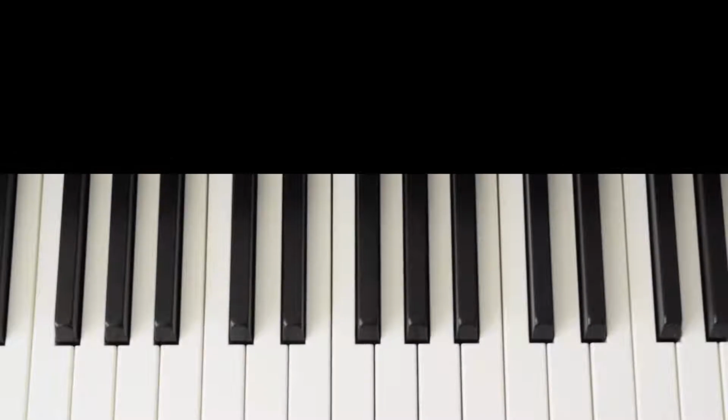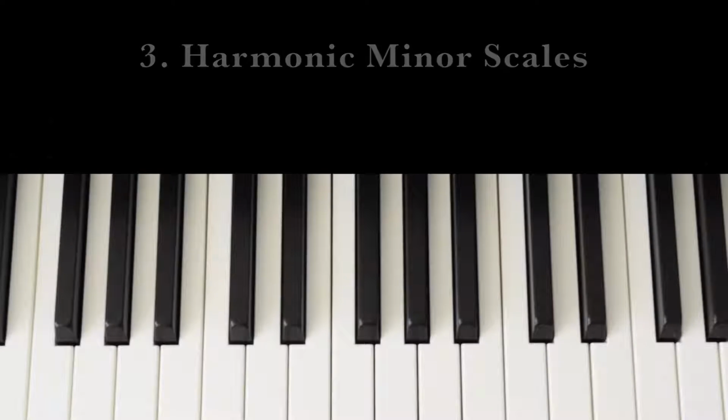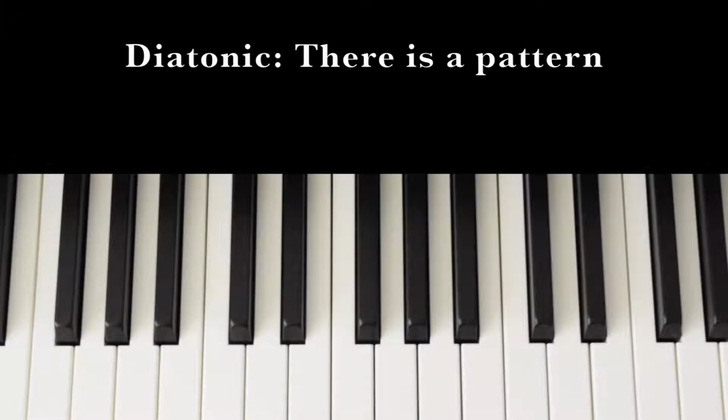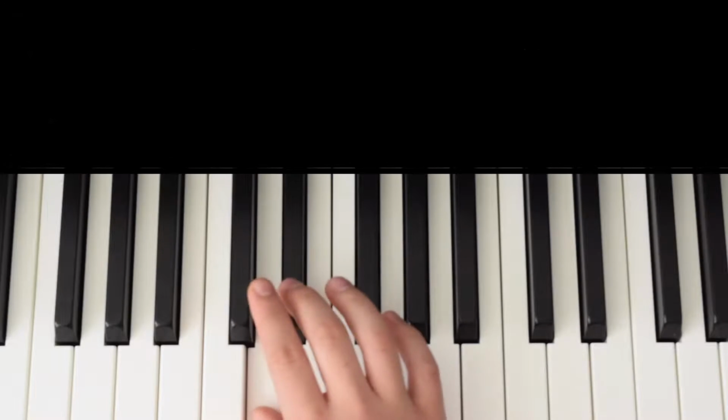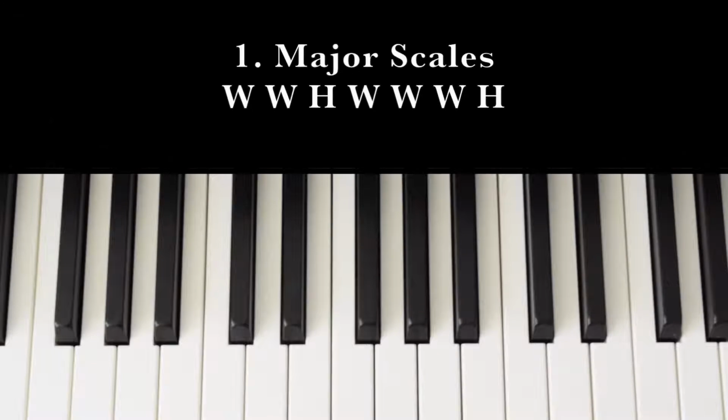There are four different types of scales: major scales, natural minor scales, harmonic minor scales, and melodic minor scales. Each of these scales is diatonic, meaning that there's a pattern and it's not just hitting every single note on the keyboard. For a major scale, the formula is whole, whole, half, whole, whole, whole, half.